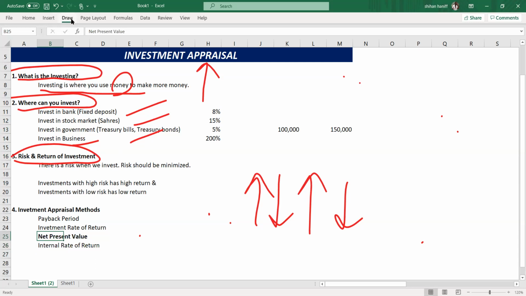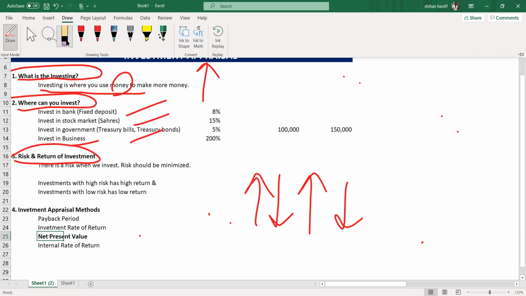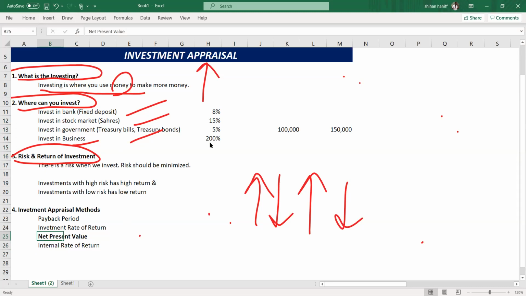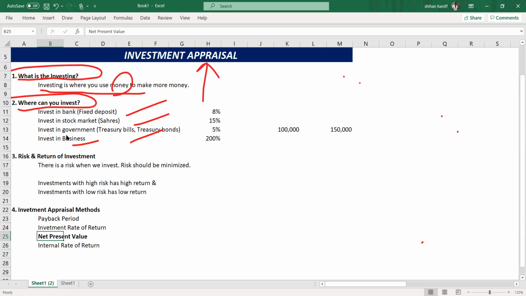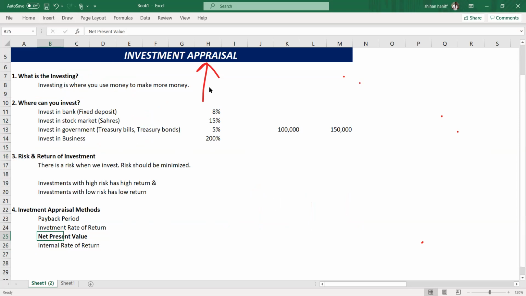NPV is the most common method. Right, so these are the four important methods.